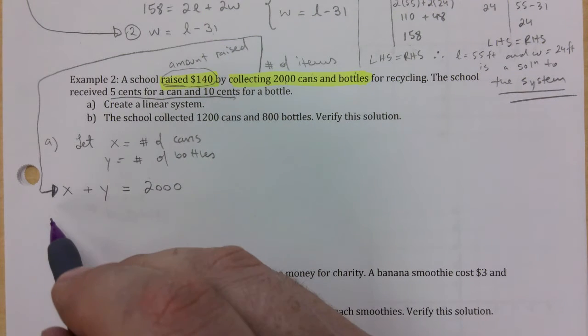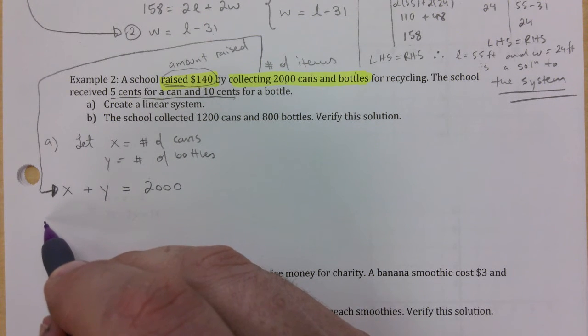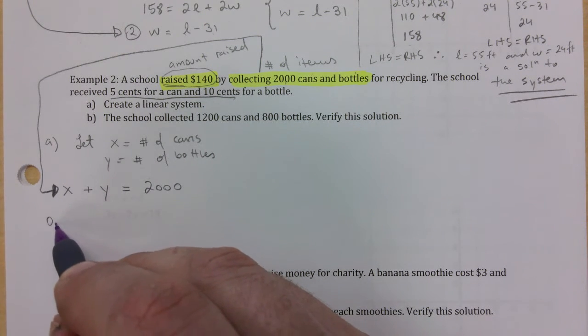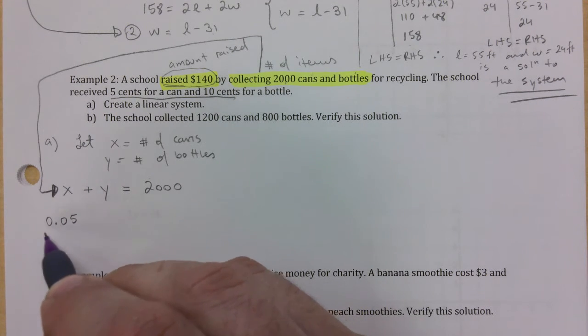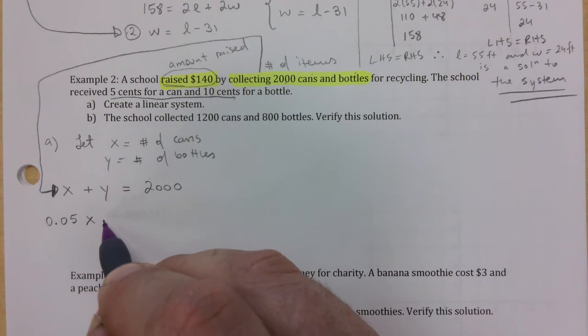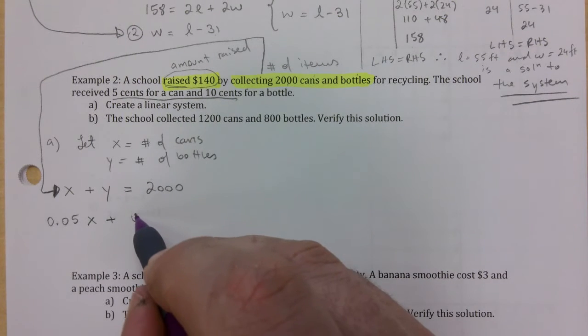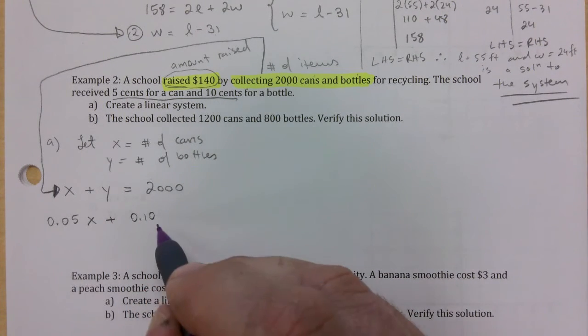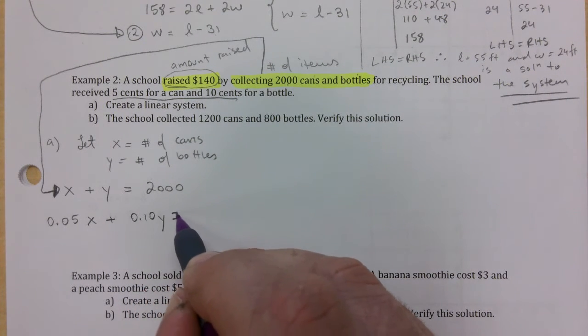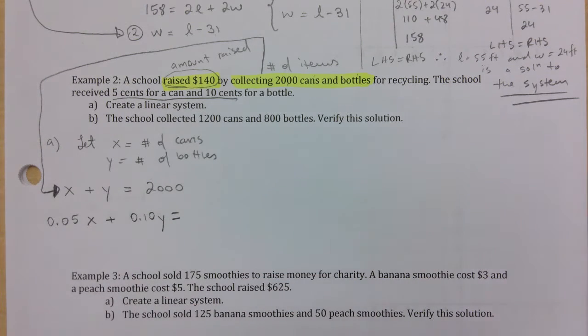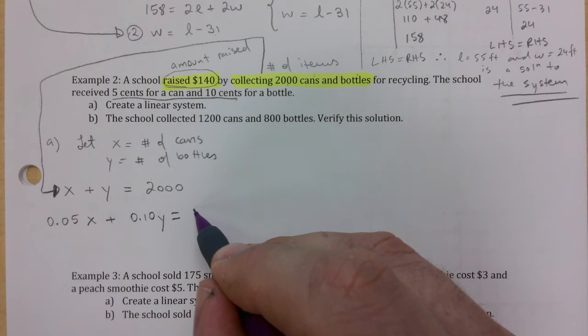Basically 5 cents in dollars would be 0.05. So you get 5 cents for every can and 10 cents for every bottle, and whatever combination you get, you know you got $140 for it.